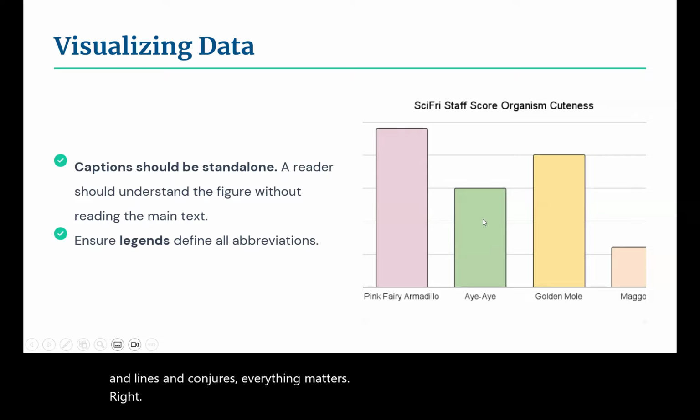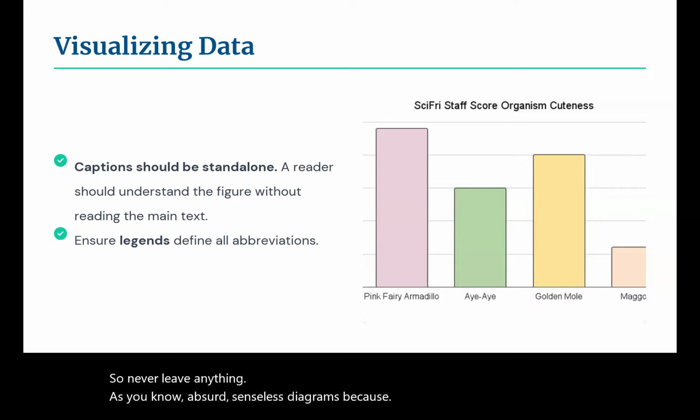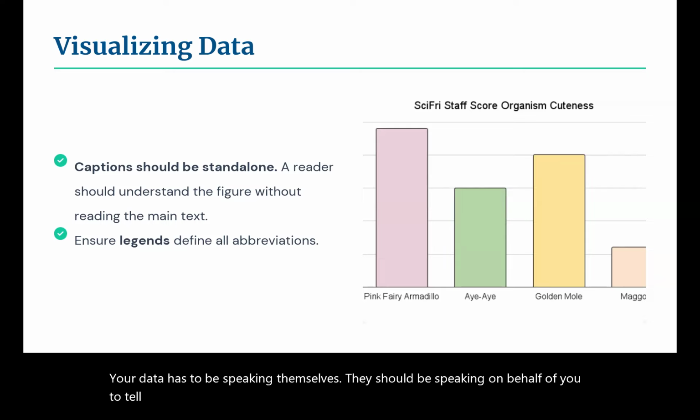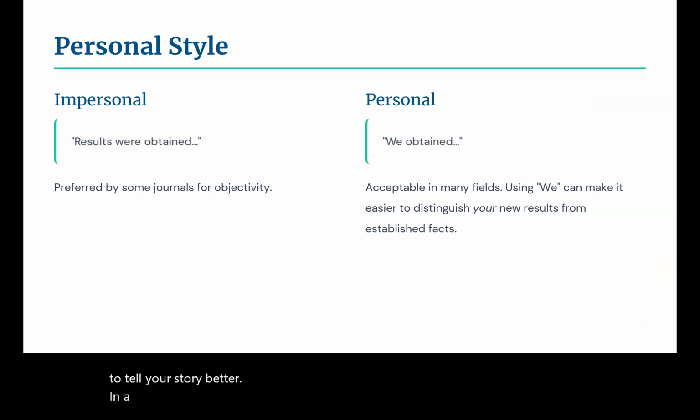So never leave anything as absurd, senseless diagrams, because your data has to speak for itself. They should be speaking on behalf of you to tell your story better, in a way that could be better understood by your reader.